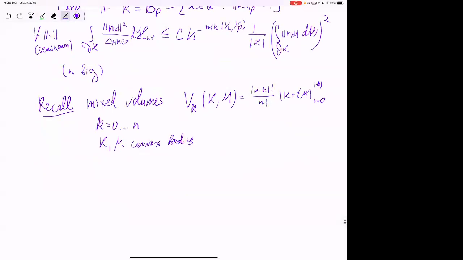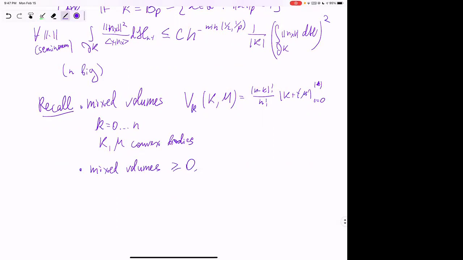So we take the Minkowski sum of two sets, take the derivative, and get the mixed volume. It's important to remember that mixed volumes of convex sets are always non-negative, for all k.